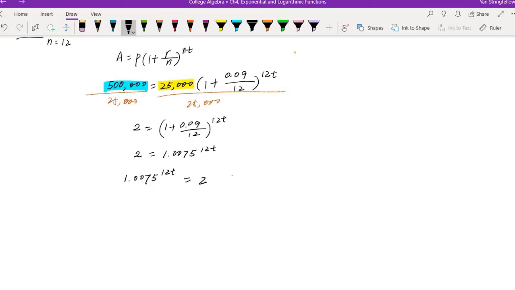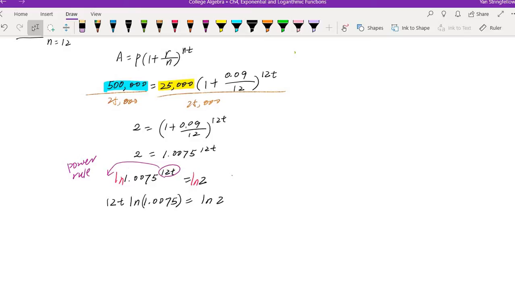Now we turn this into an exponential equation. The base is not 10, so we take a natural log of both sides. We have a variable in the exponent, so we have to apply the power rule. That gives us 12t natural log 1.0075 equal to natural log 2.